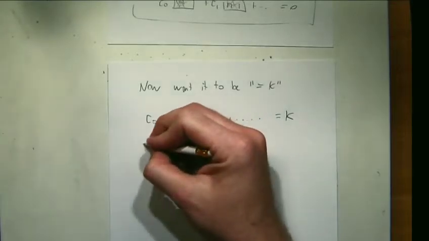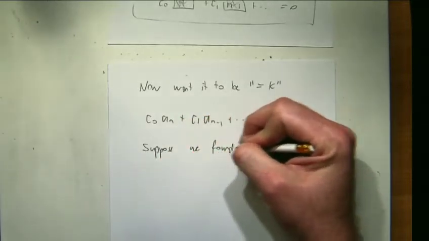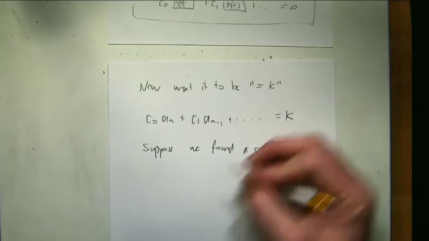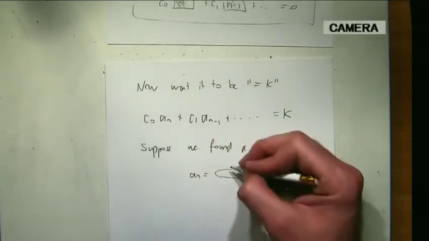If we happen to find one that works for this, suppose we found a solution. Do it as a circle this time.